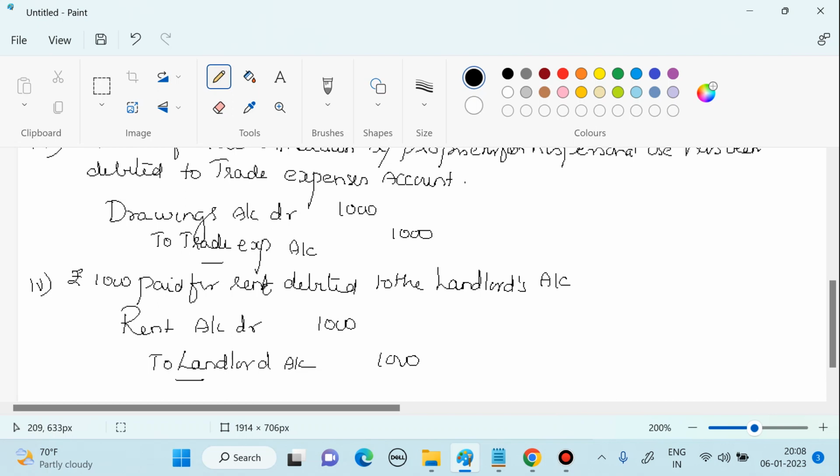So you should never debit the personal account of the person when it is a business expense being paid. You have specific account heads, like when rent is paid, rent account is there. When you're paying salary or wages to worker or salary to the staff, you should debit it to salary or wages account, not to the employee's personal account. Got it, everybody? Yes, ma'am.